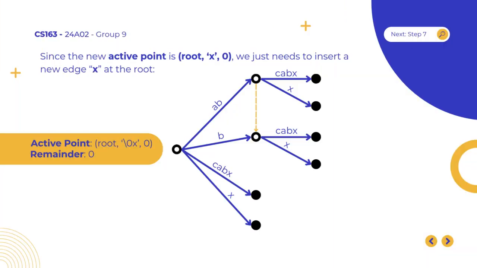Root x0 and the remainder is 1 signifies that we need to insert a new edge X at the root because we don't see any X appearing in the original edge from the root. And that's it. That is step 6.